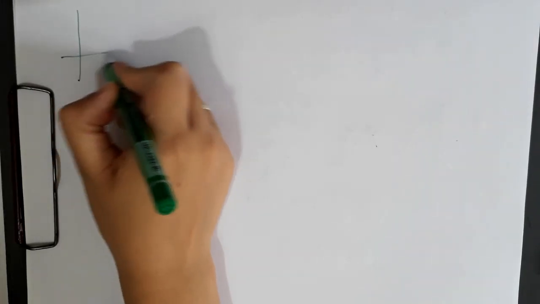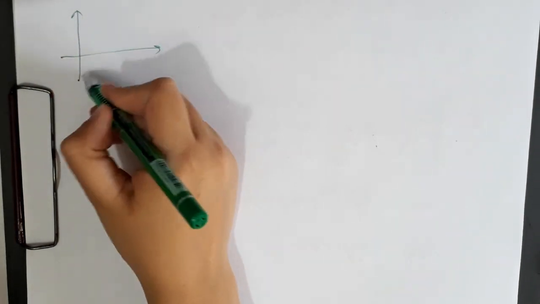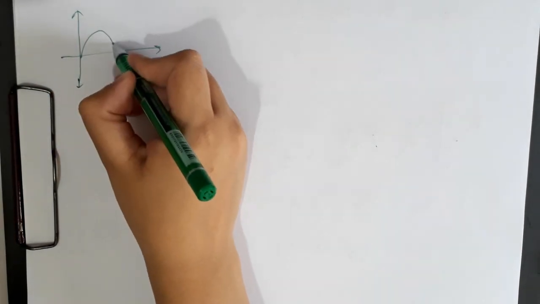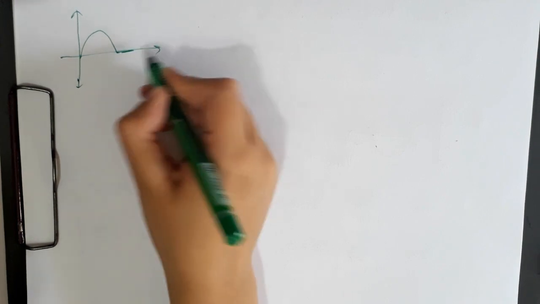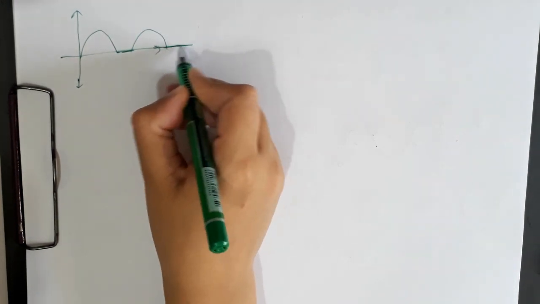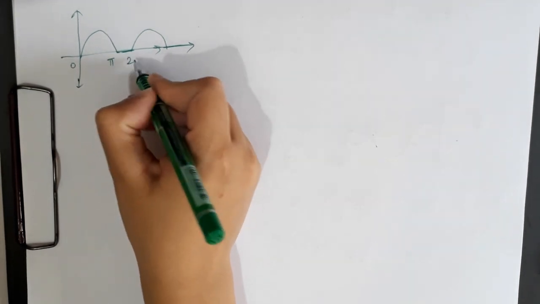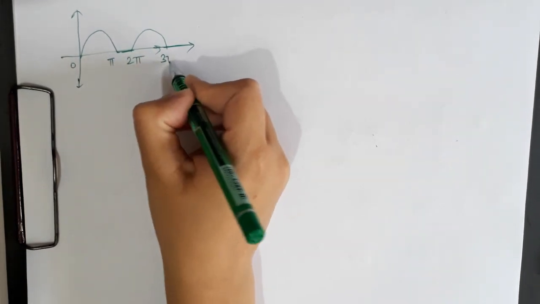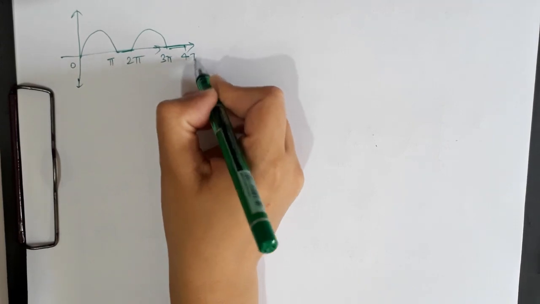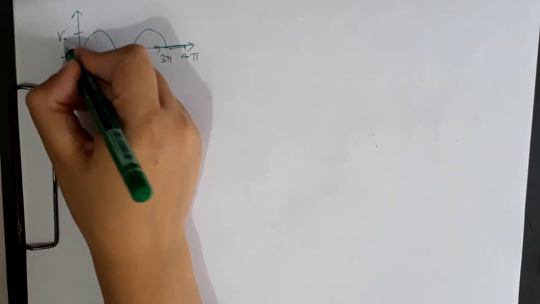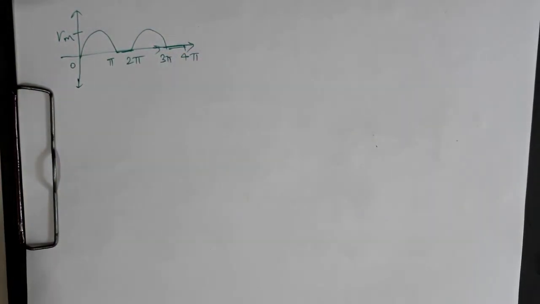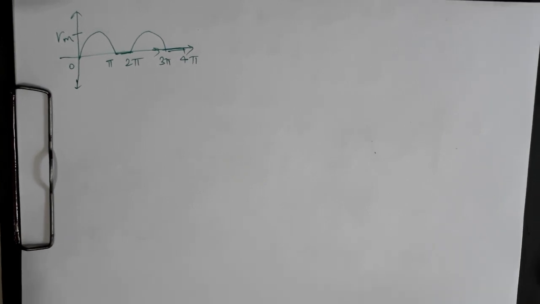Now friends, taking the next example, this is our waveform. This is 0, this is pi, this is 2 pi, this is 3 pi, and this is 4 pi. This is Vm. Now we have to find out VRMS of this waveform.